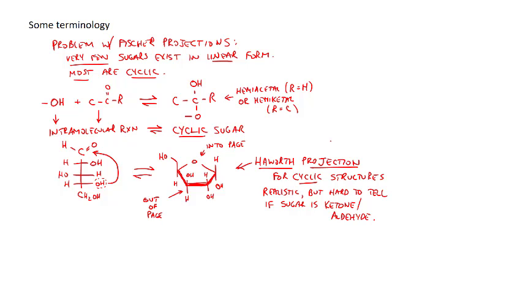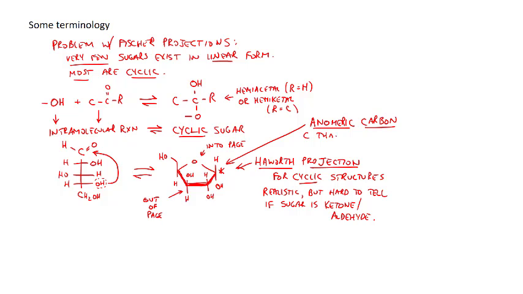However, there is one important thing about Haworth projections that you do need to be able to do. And that is you need to be able to spot this carbon atom right there that I labeled with the star. That's a special carbon atom. That atom is what we call the anomeric carbon. What's special about the anomeric carbon?